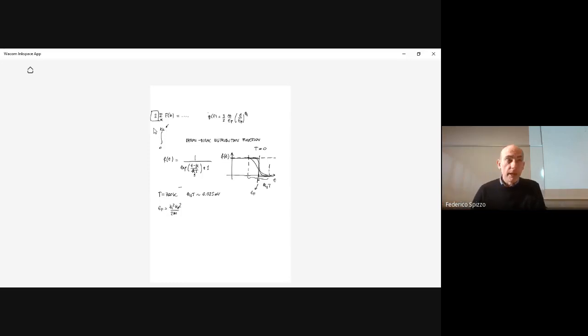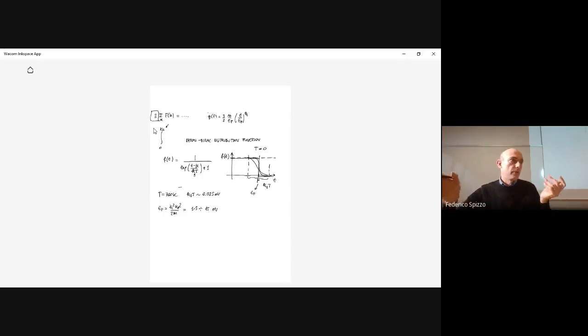So if we use the value of h bar squared, we use the value of kF that we evaluated yesterday, and we set the mass of the electron to the rest value, we have that this number over all the metals that we have in the periodic table ranges from 1.5 up to 15 eV.